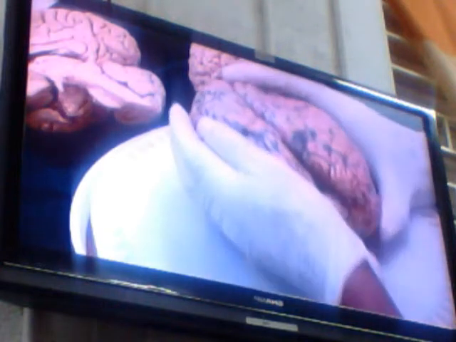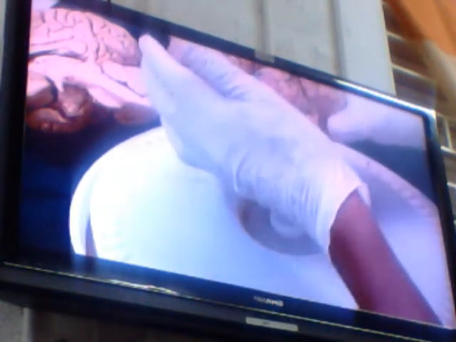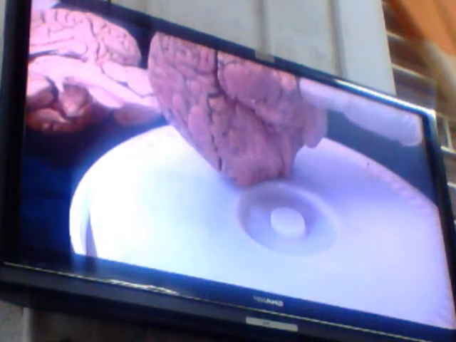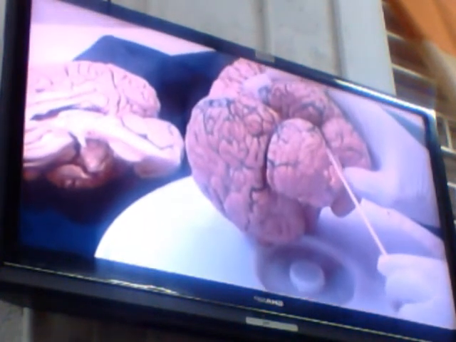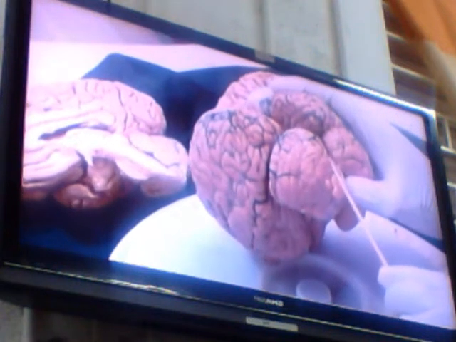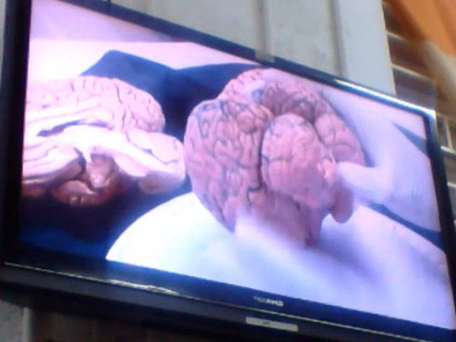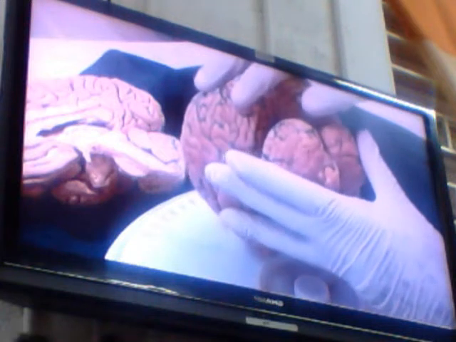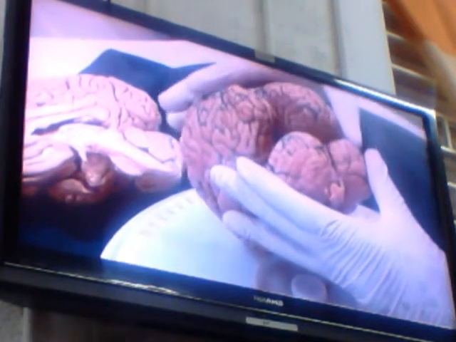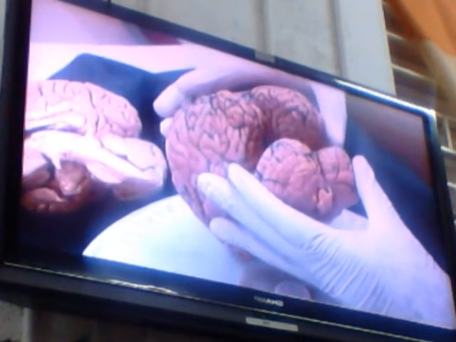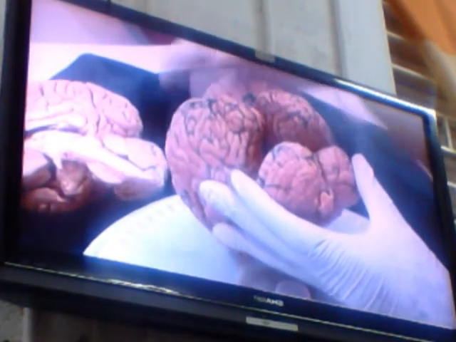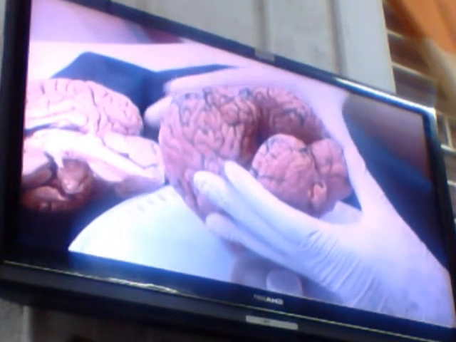There's also a smaller partition between the cerebellum and what we call that partition, the falx cerebelli. And between the two there's a horizontal partition, and that horizontal partition is referred to as the tentorium cerebelli, and the space is referred to as the which fissure?